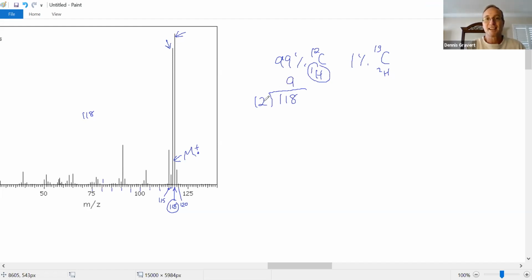Maybe it's 9. 9 times 12 is 108. Subtract that, little long division here, and that's 10. Okay, the leftovers are the hydrogens. The number of times 12 goes into the molecular mass is the number of carbons. So there's a formula, C9H10. Awesome.